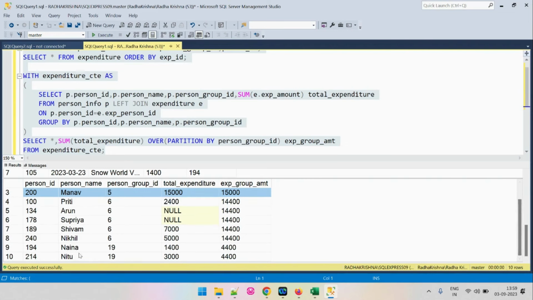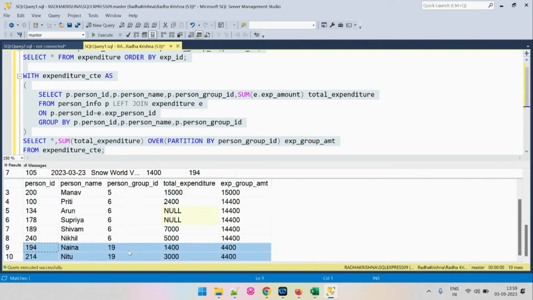Let's see another example, the last group for easy understanding. Here two people have done expenditure of 1400 and 3000 respectively. Summing this amount, it comes to 4400. So for every entry, we are now showing the total expenditure in that group. So we have got the individual expenditure, and we have got the total expenditure in the group.